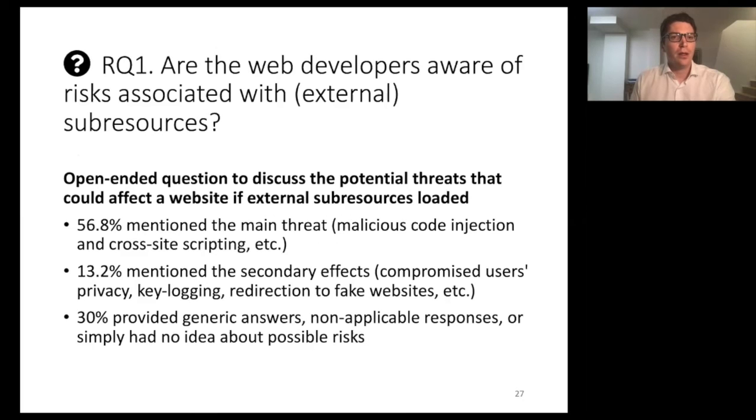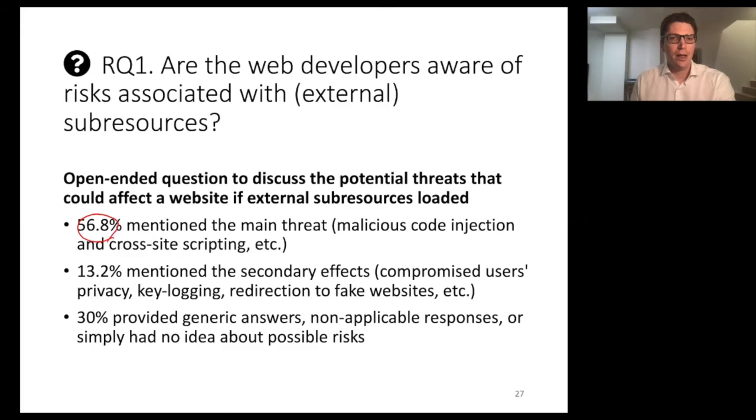So now, the first question was, are the web developers aware of risks associated with external sub-resources? And to assess this, we asked an open-ended question to discuss the potential threats that could affect a website if external sub-resources were loaded. And here, 56% mentioned the main threat, in other words, malicious code injection and cross-site scripting. So this is quite encouraging.